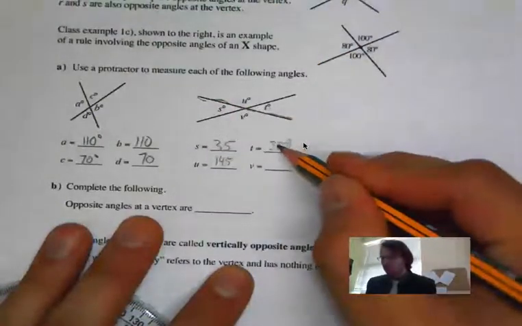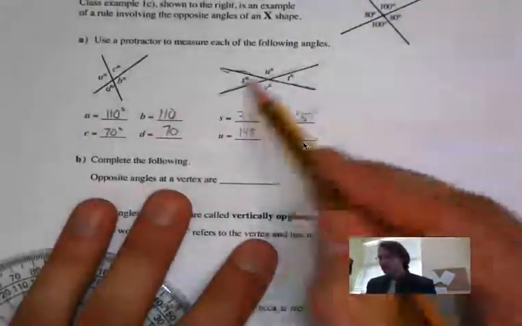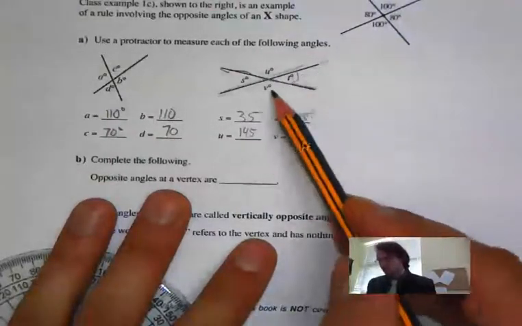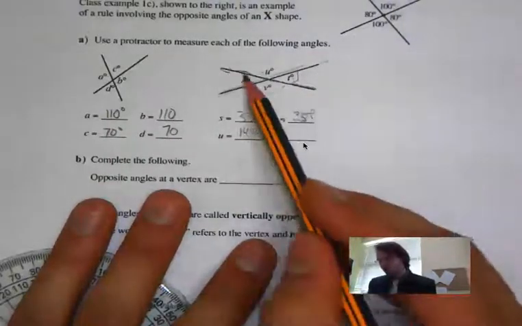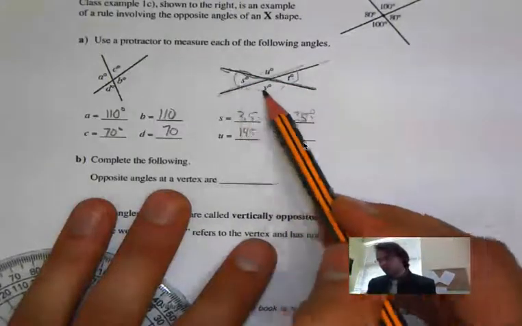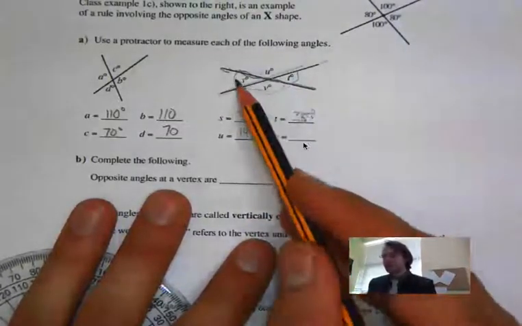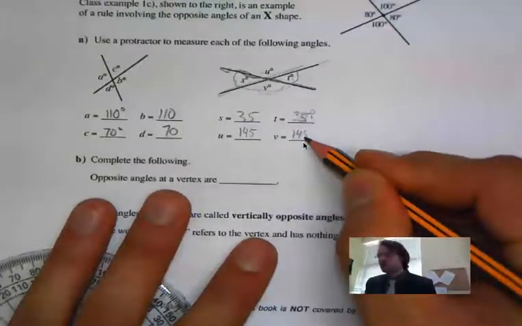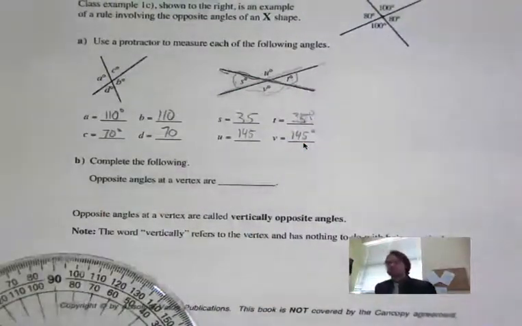We could use what we did before, our laws with a straight line. Now I have a straight line here and T is 35. Can we find out V? It's 180 minus 35, which gives you 145. Or you can measure it with your protractor to make sure.